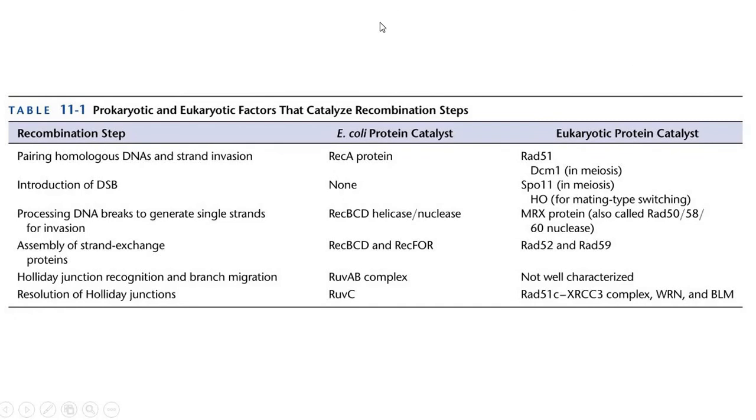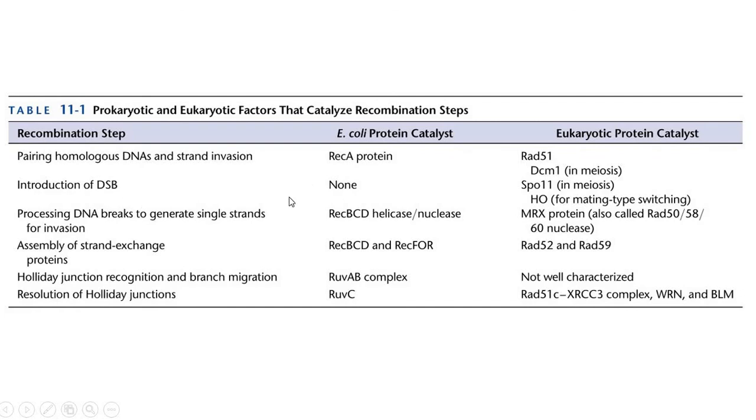Okay, so now if we look at these different steps in recombination, or different proteins that are involved in recombination steps, pairing of homologous DNAs and strand invasion is carried out by RecA protein in E. coli and RAD51 in eukaryotes. DMC1 is only in meiosis.